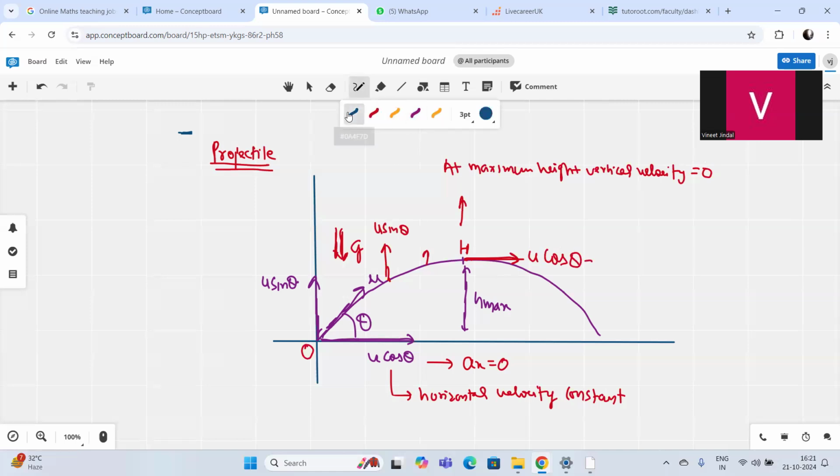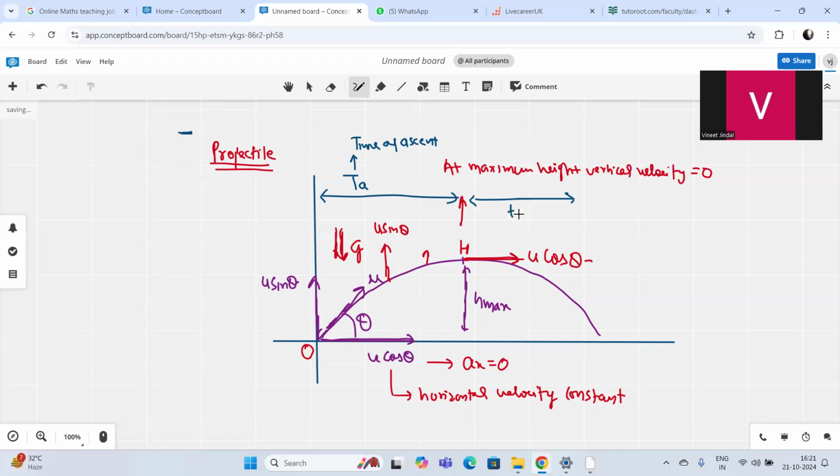Now, when the object goes up from the point of projection to the top of the height, this time period is called time of ascent, and when it goes from the top of the height to the ground, this time is called time of descent. Since the projectile is symmetrical, the time of ascent is equal to the time of descent.